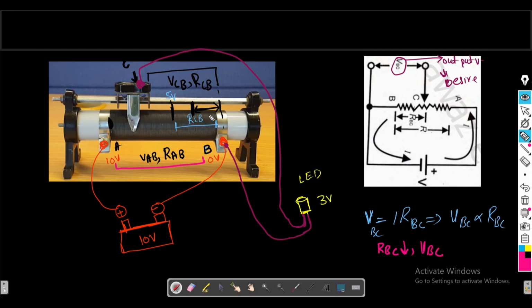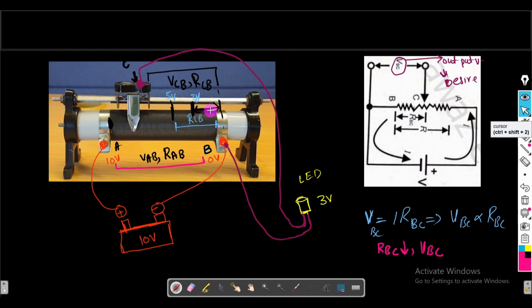So the potential difference will decrease from 5 volt, and at this point the voltage will be 3 volt, because now the distance between this point B and that contact C is less.